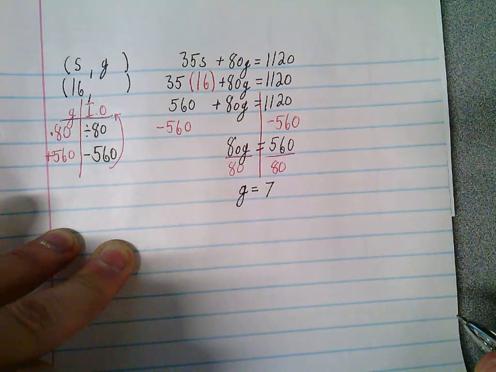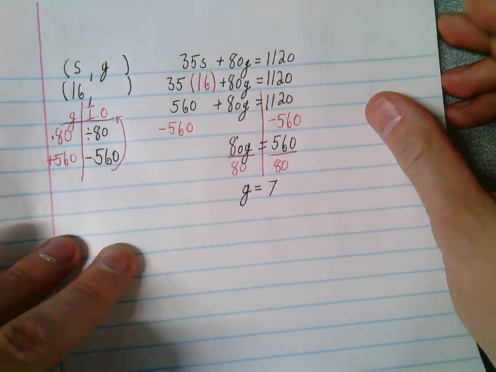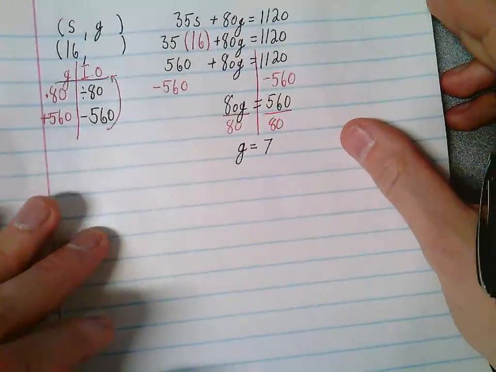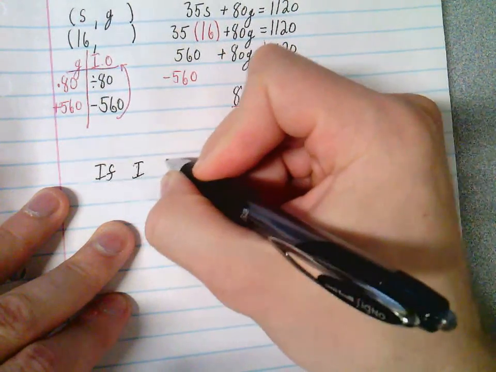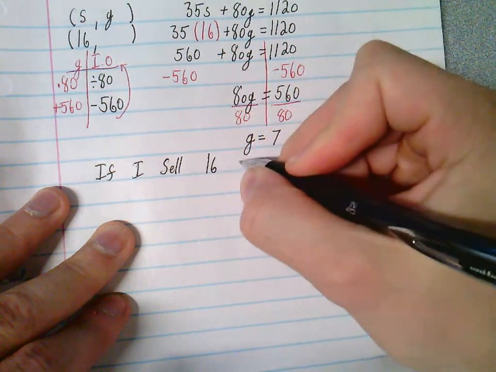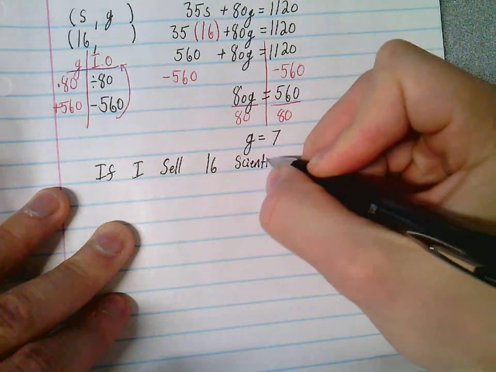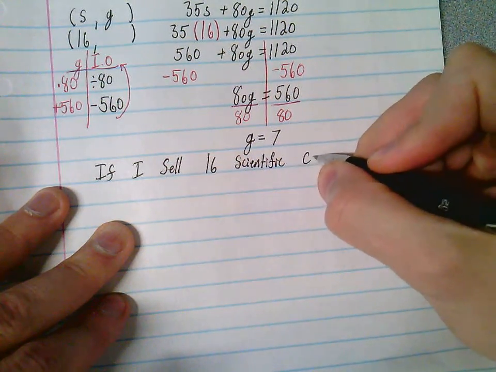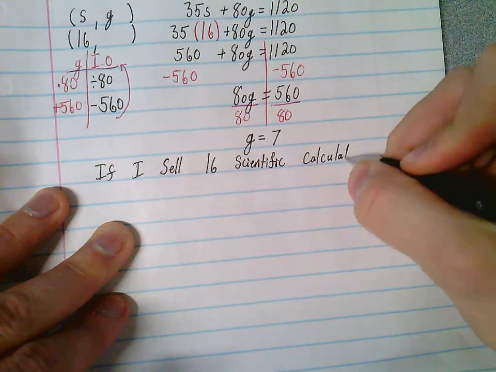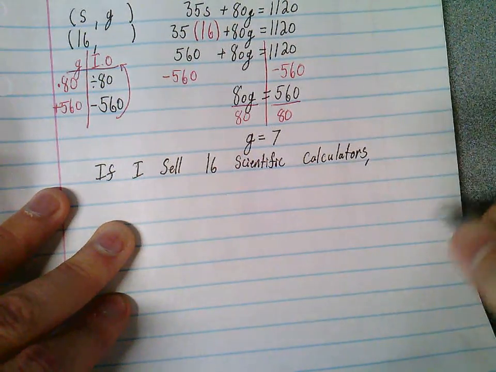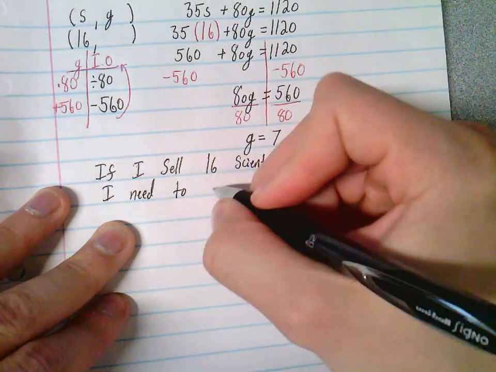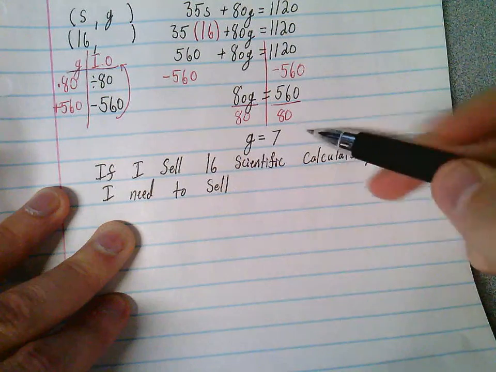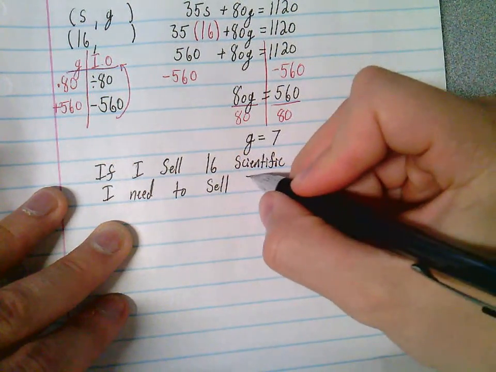So how many graphing calculators do I need to sell if I sell 16 scientific? So let's write that here. If I sell 16 scientific calculators, I need to sell 7 graphing calculators.